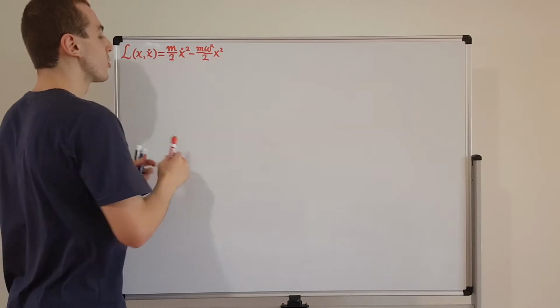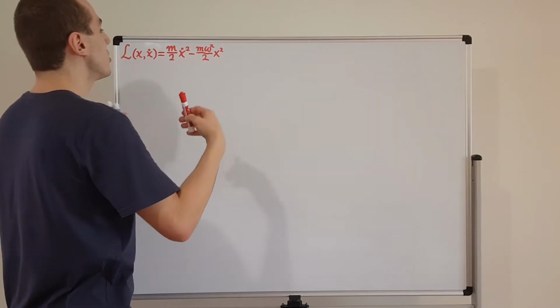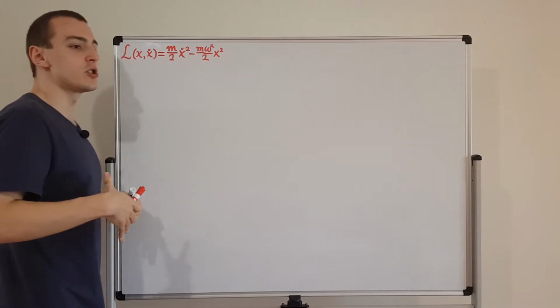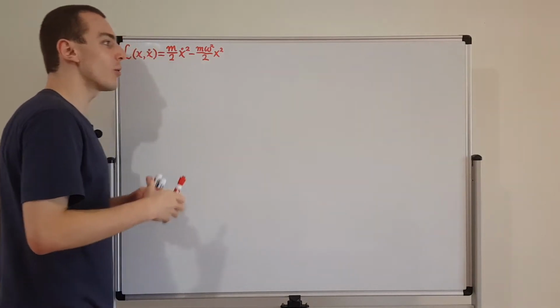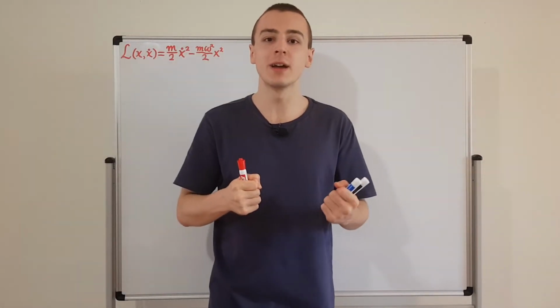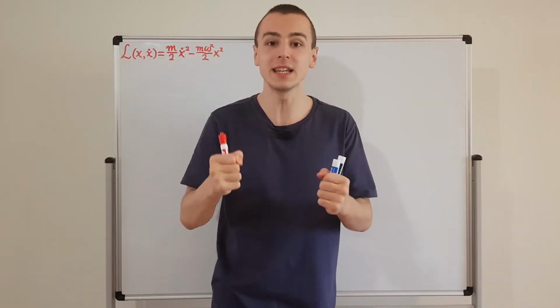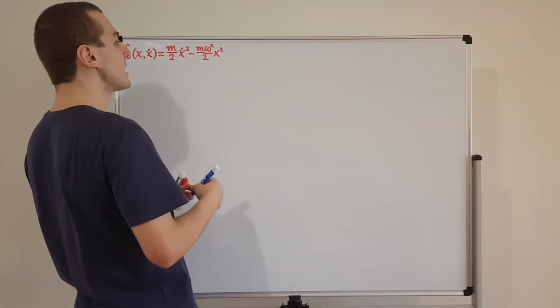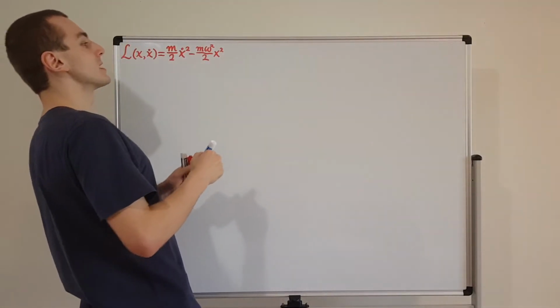Velocity is a very useful variable to use in Lagrangian mechanics. But when we go over to Hamiltonian mechanics, we're also going to want to talk about momentum. And in fact, position and momentum have very deep connections, especially in quantum mechanics. So let's have a look at how we can get momentum from this Lagrangian.